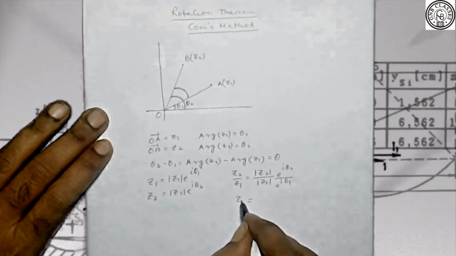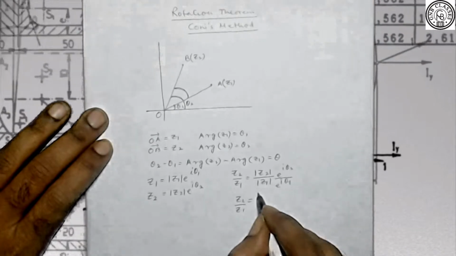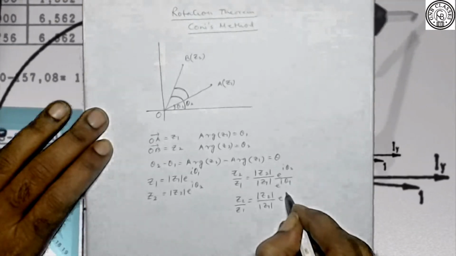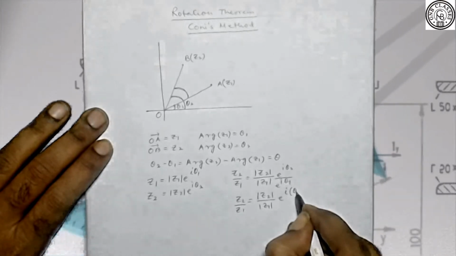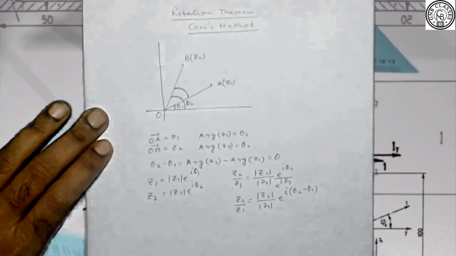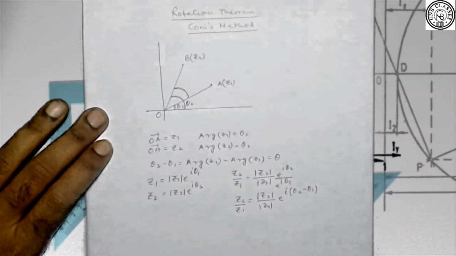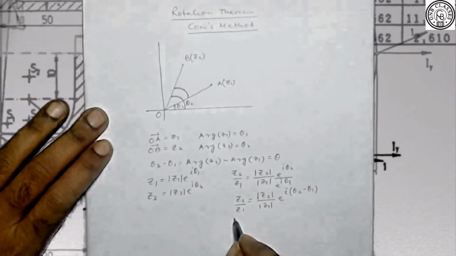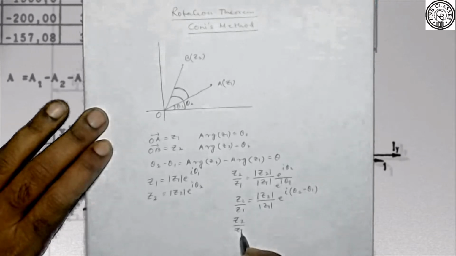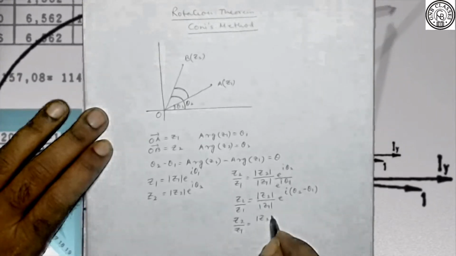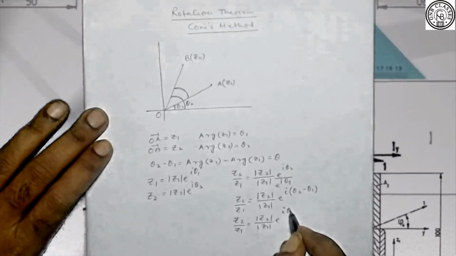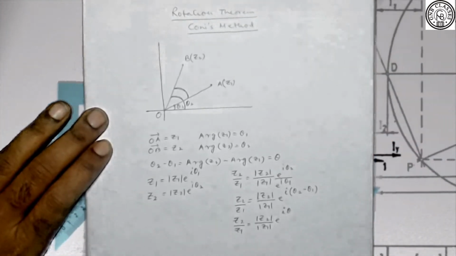That gives us e to the power iota (θ2 minus θ1). Now θ2 minus θ1 is nothing but theta. Therefore, Z2 by Z1 comes to mod of Z2 by mod of Z1 e to the power iota theta. Is it clear or not?